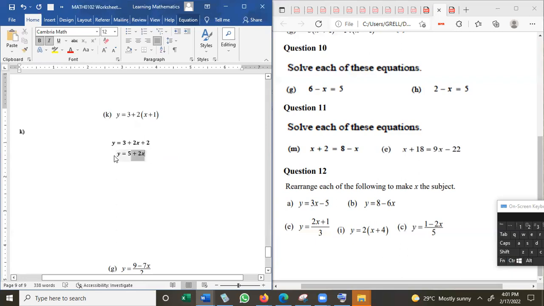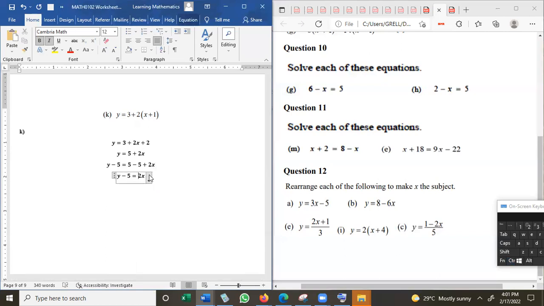And then what we can do now is subtract 5 on both sides. What you do on the right, you do on the left. The 5 cancels out, and we are left with a positive 2x.